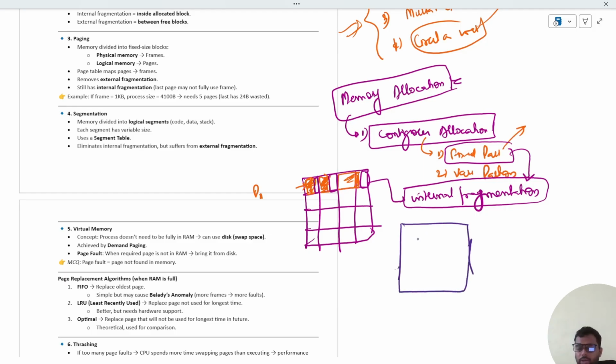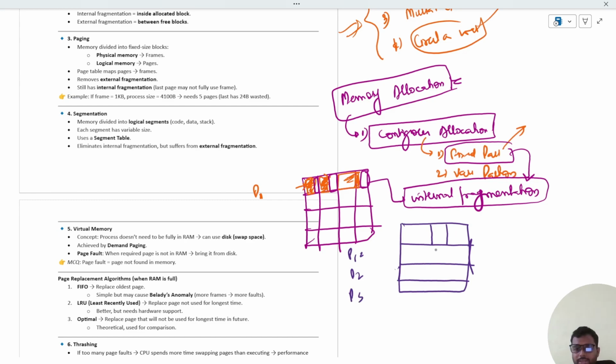So here dynamic allocation is done. Dynamic allocation means it is contiguous only, that is, one next to another, but the size of the block is decided dynamically. Suppose we have a P1 process which requires this much size of block, this will be allocated. P2 process wants this much size of memory block, allocated. P3 requires this much size of block, allocated.